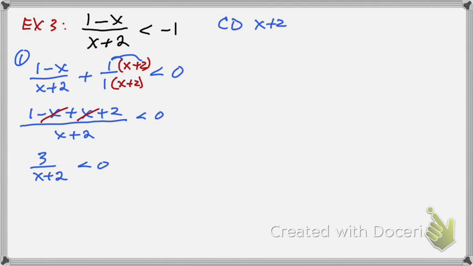This one's different. There's no x's in my numerator. I can't say set the numerator to 0 because then I'd be saying, well, 3 equals 0. No, that doesn't make any sense. So I just go with the denominator.